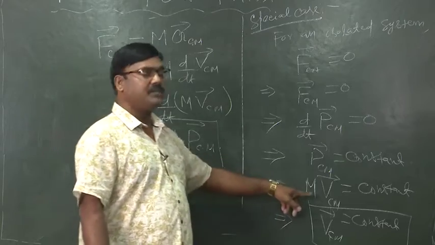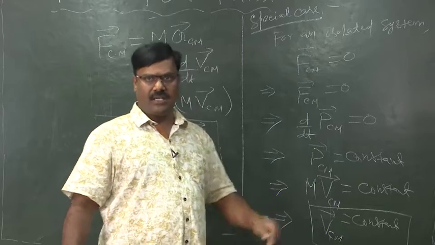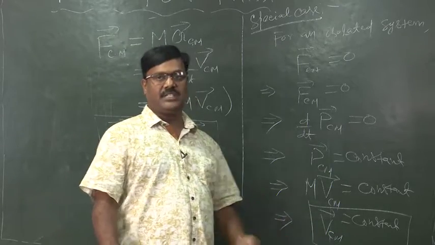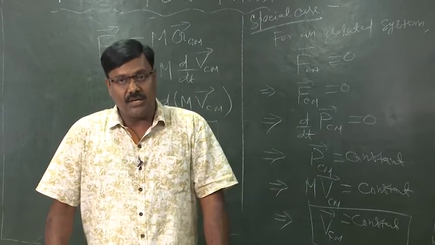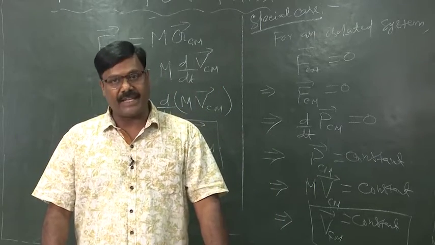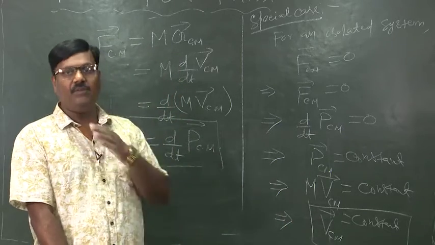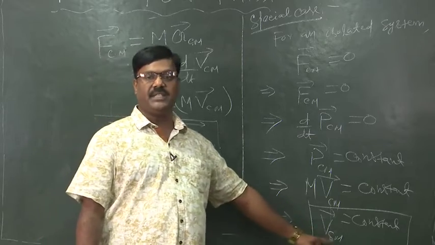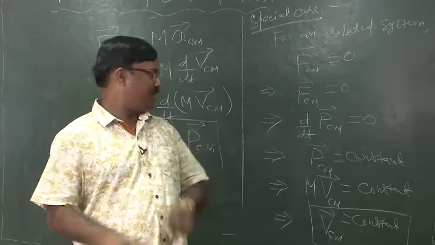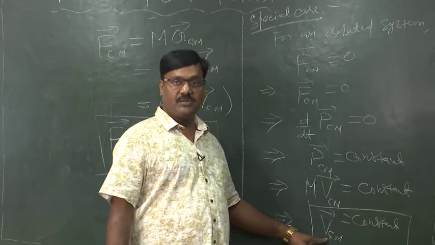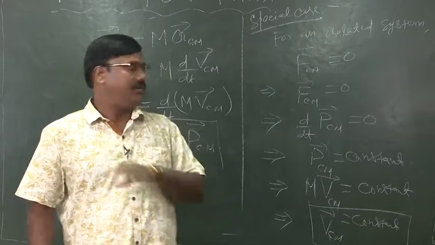As the mass of the system of particles is constant, hence the velocity of the center of mass of the system is constant. That means the center of mass of a system of particles moves uniformly, because in uniform motion the velocity remains constant. Hence, as the velocity of the center of mass is constant, its acceleration will be 0.